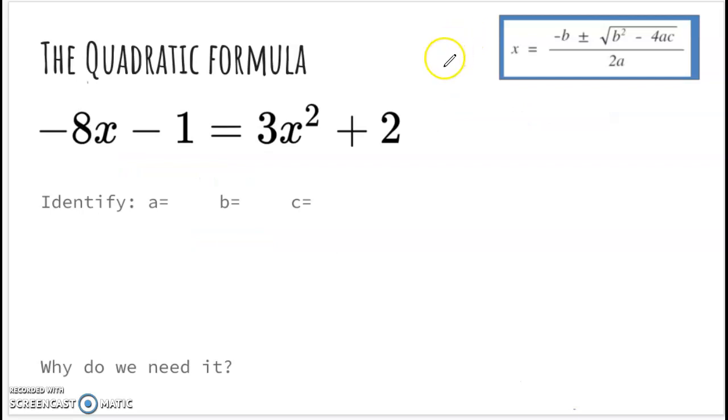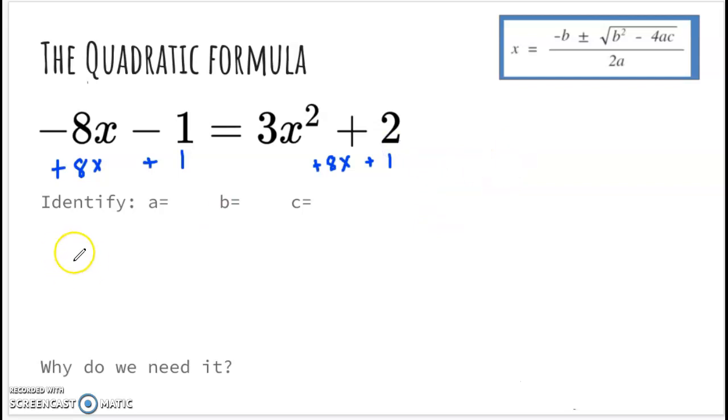All right, one more. This one looks a little more complicated, but it's really not. Again, you're just going to make one side of your equal sign equal to 0. In this case, I'm going to add on my left side of my equal sign. I'm going to add 8x, and I'm going to add 1, just because addition's a little nicer, positives are a little easier to work with, right? If I do whatever I do to my one side of my equal sign, I have to also do to the other side. So I'm going to add 8x, and I'm going to add 1.